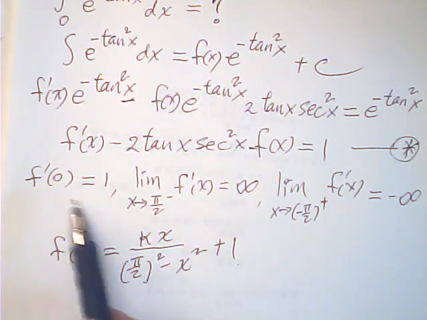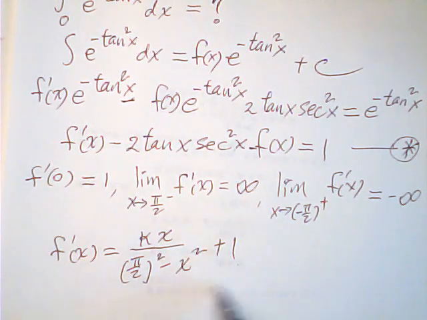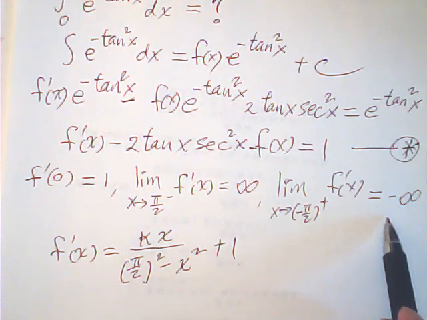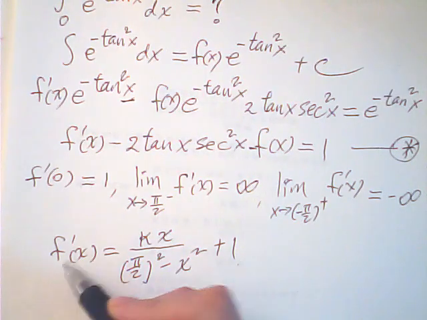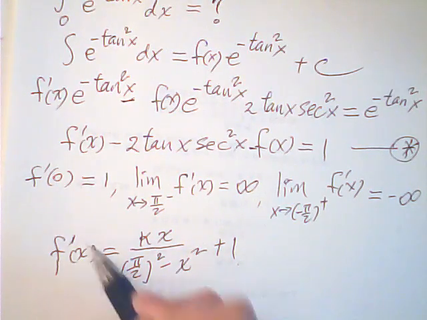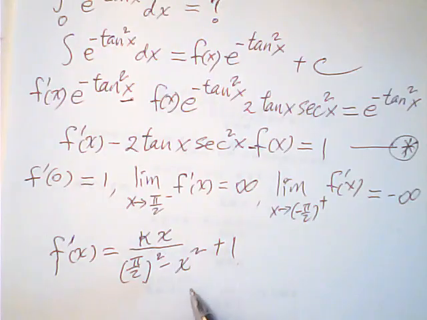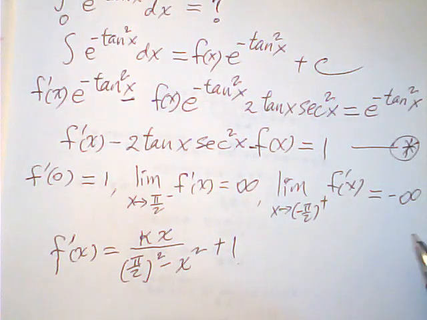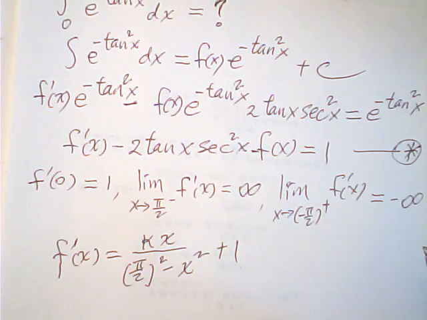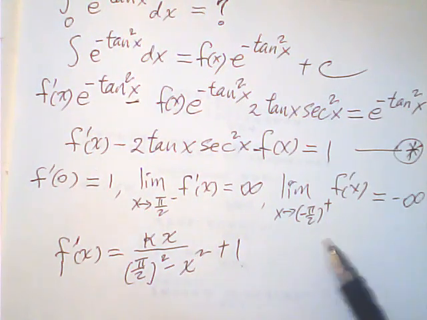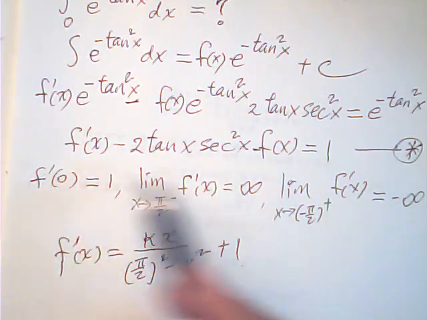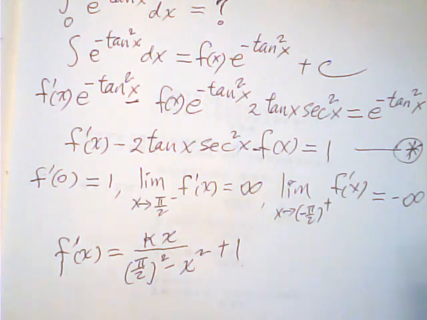Now this one satisfies this, satisfies this, satisfies that. So I suppose that f prime is this. Well, this may not be exact, but at least to a certain degree of accuracy, it reflects these three properties. So I suppose f prime of x is this.